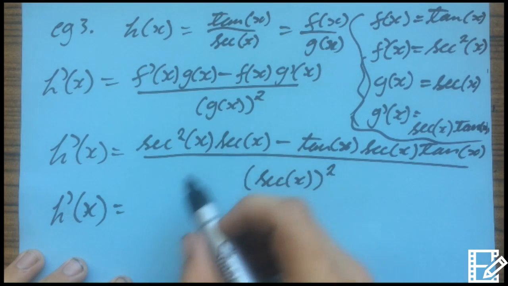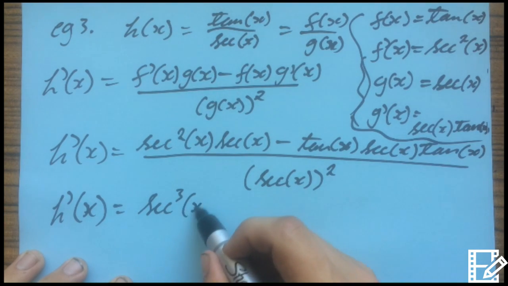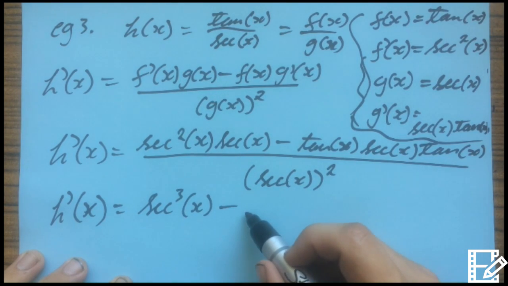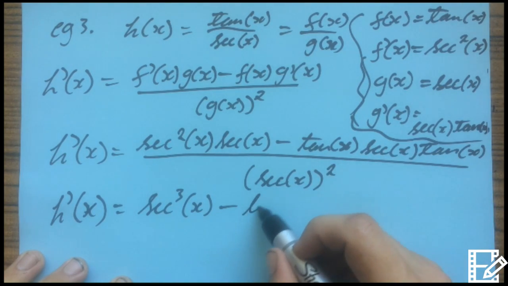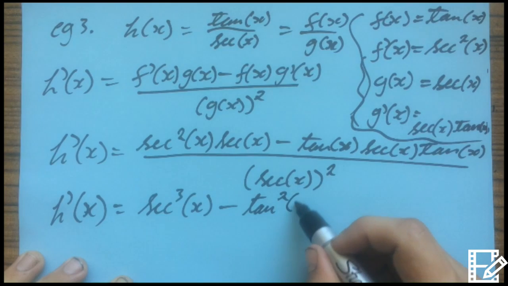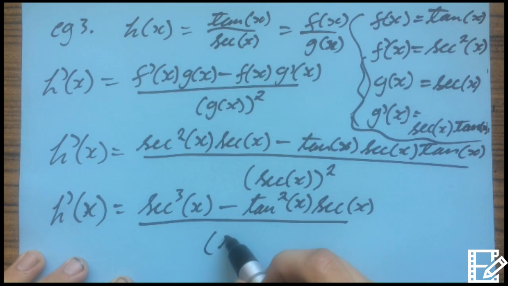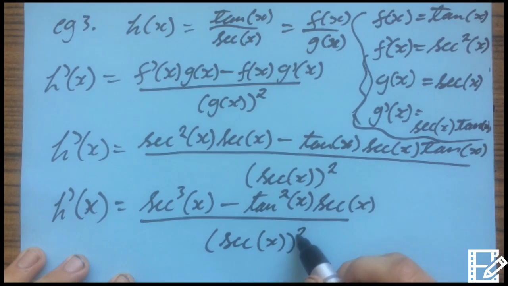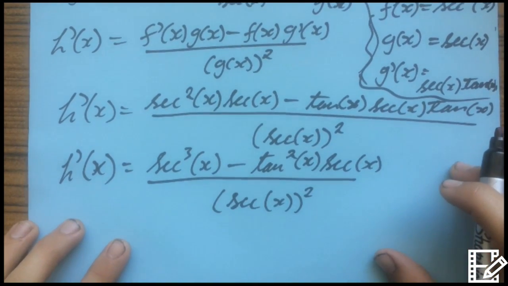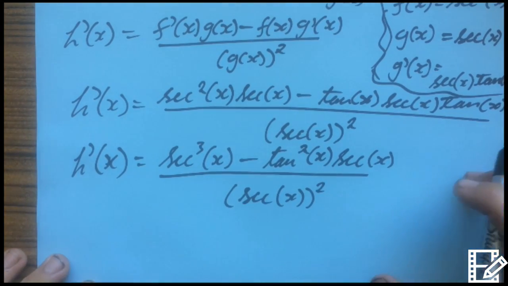So, if we simplify this or shrink it down, make it look a bit neater, we end up with sec squared multiplied by sec again, which is sec cubed, minus tan multiplied by sec x multiplied by tan x, all over sec x squared. Now we can simplify this a bit further. There are other ways some people like to write it.